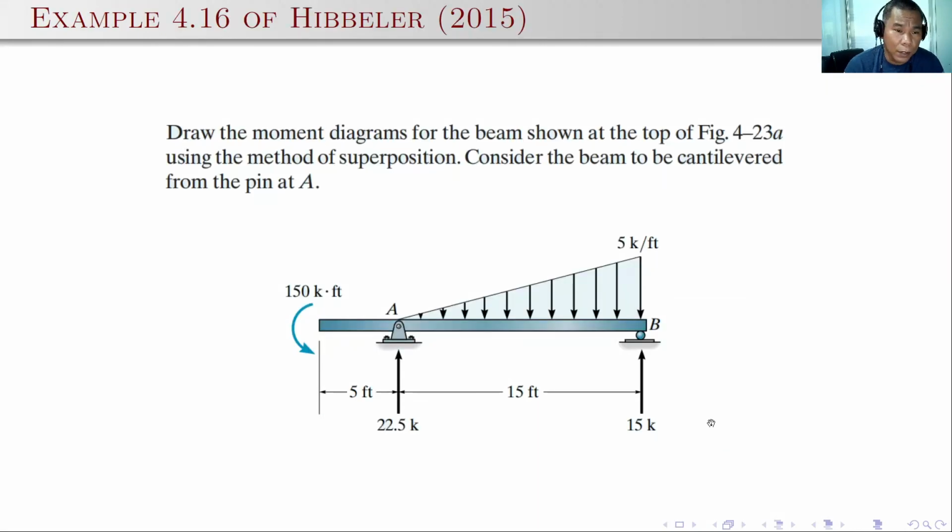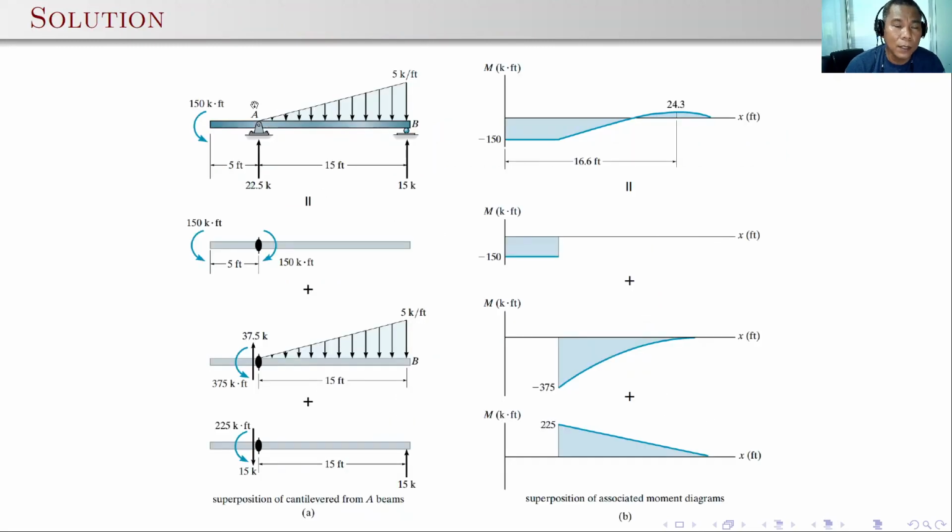Of course, we can also consider the same beam, but instead of looking at point B, we can also say, how about if we fix it at point A? So meaning, it's not necessary that it's only applied at one fixed point.